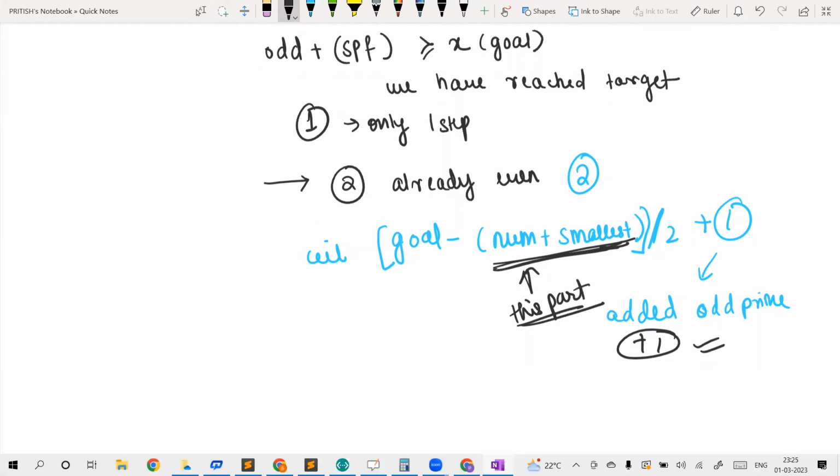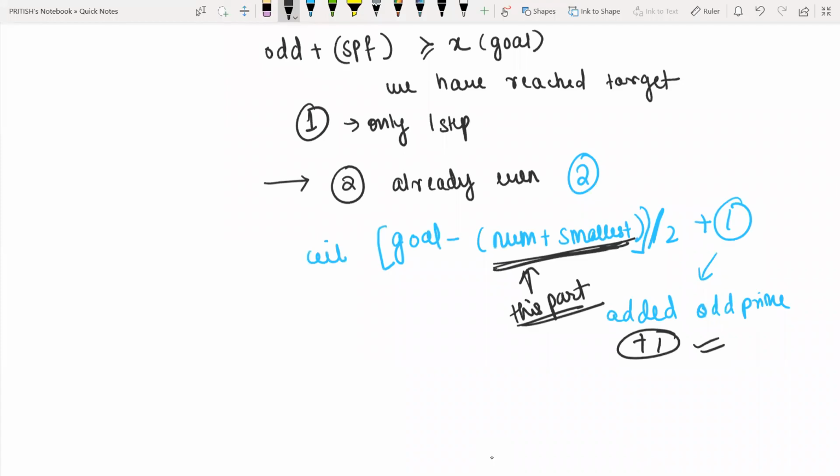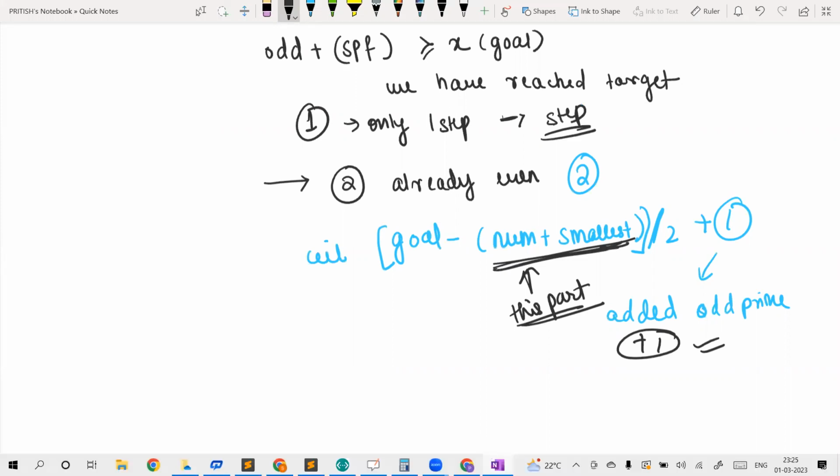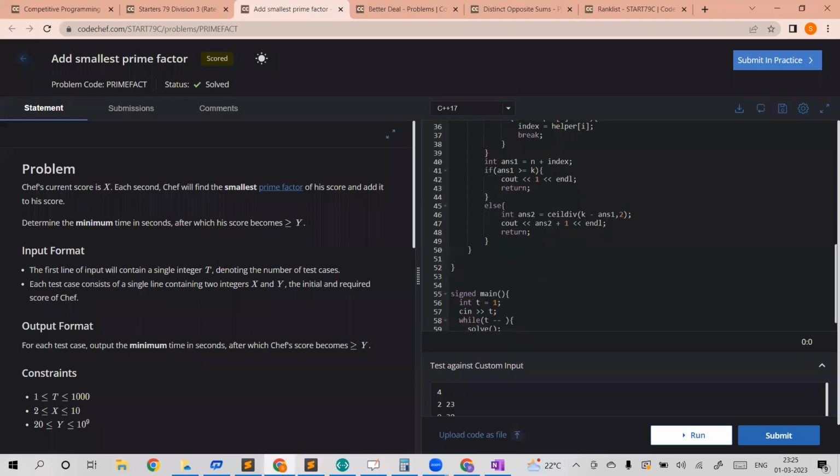Okay. So after taking this part, I have checked, can we reach our answer? If we can reach our answer, then the answer would be just 1, because I have shown why the answer would be 1 in this step. And if we cannot do that, then we will just definitely take the ceil div of k minus ans1.